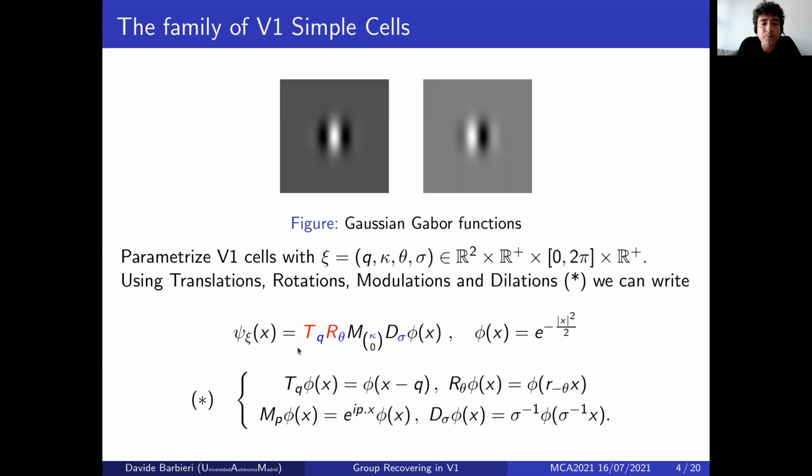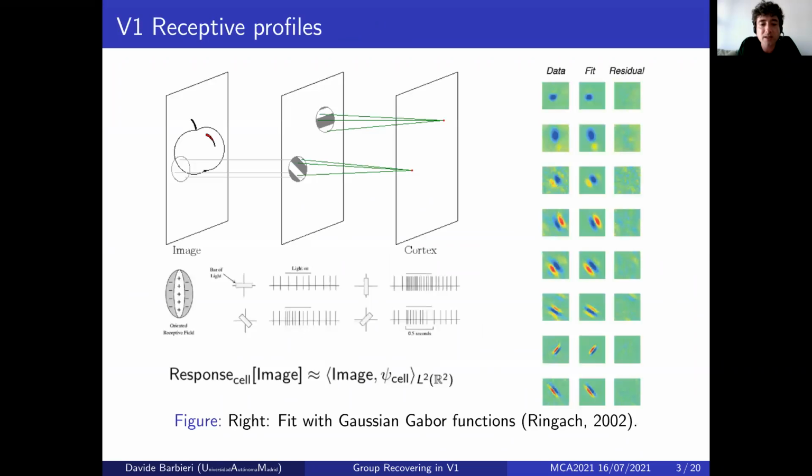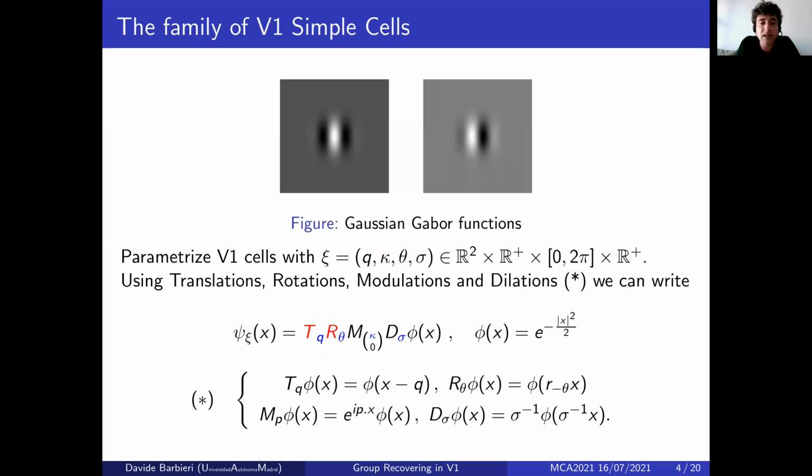So what remains to describe the variability of these cells is a set of translations and rotations. This means that we are performing a scalar product of an image against the translations and rotations of a single function. This is what is generally called an abstract wavelet transform, or a group wavelet transform.